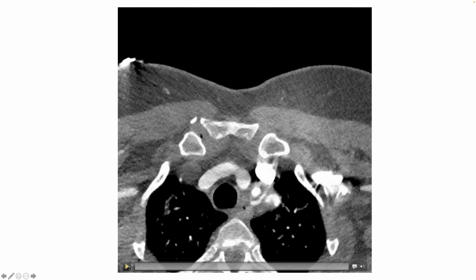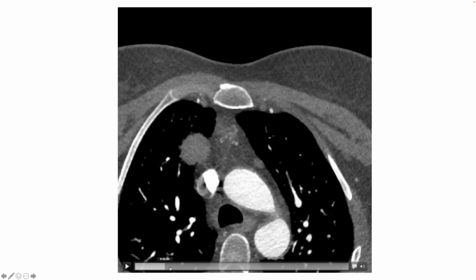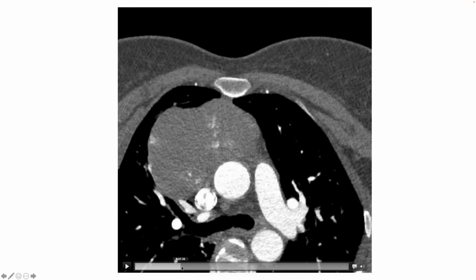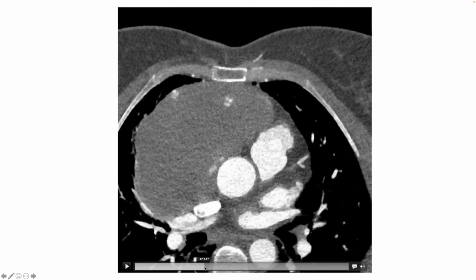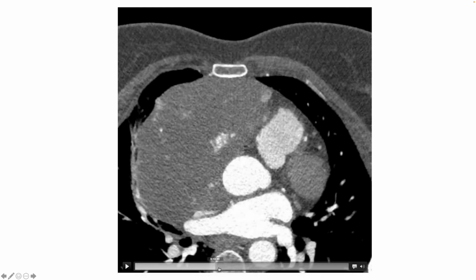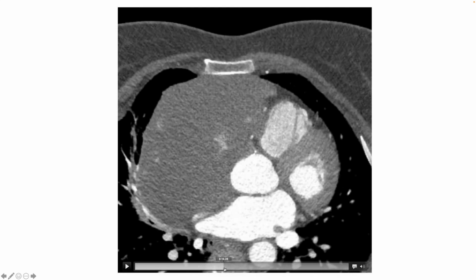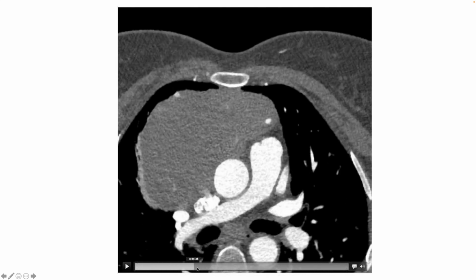It doesn't look like fluid on the TRUFIs, and then there's no enhancement at all on the post-injection. And so it didn't really look like a thrombus, which would have been dark on many of the sequences. But I think what you're seeing here is probably the pus that isn't enhancing, and then the wall is probably enhancing.